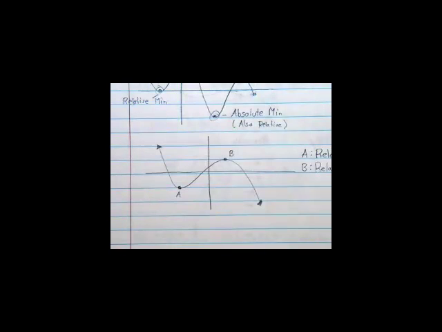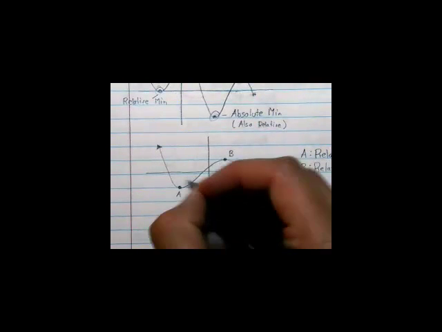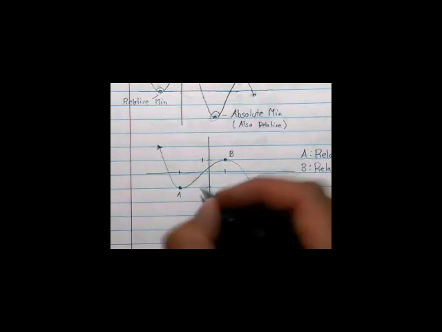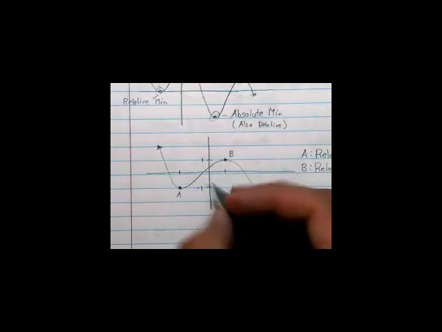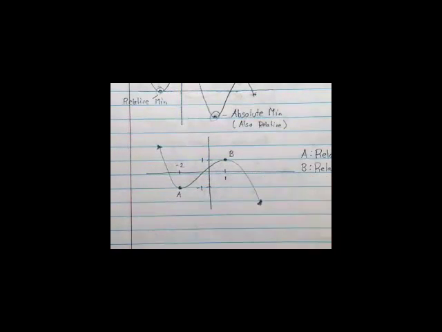Okay. Now, if we had coordinates for these points, because they might ask you to do this too. So let's say this is at 1. This is at -1. Maybe this is at -2. This is at 1. So they might ask you, what is the value of the relative min? What's the value of the relative max?